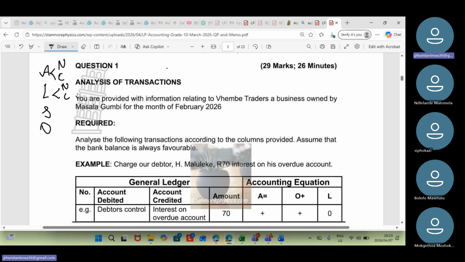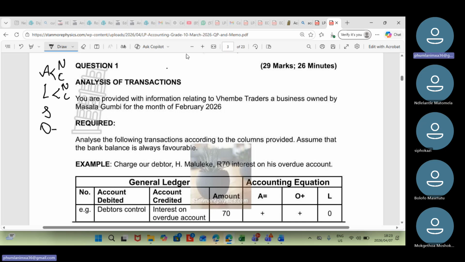You ask yourself, what is a liability? What can increase liabilities? Owner's equity, here we are referring to the owner's interest or share from the business. Please make sure that you know when we're talking about owner's equity for a sole trader, what are we referring to?